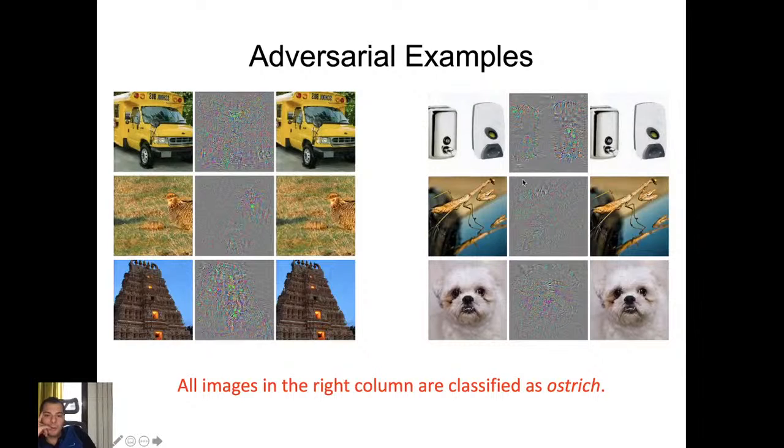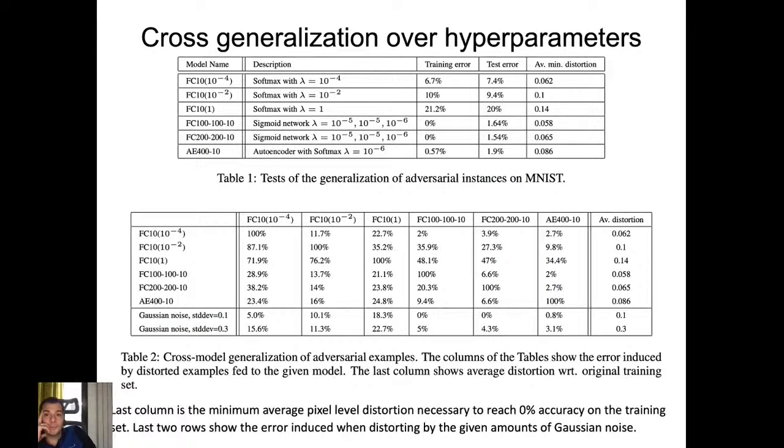All these images are labeled as an ostrich. This shows that these naturally looking images, we humans would definitely classify as bus, dog, and so on, but the machine learning models cannot classify them accordingly.